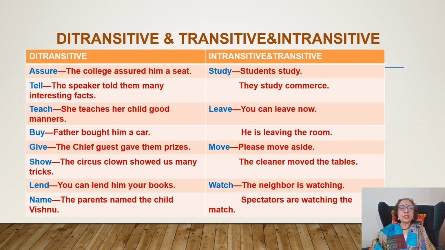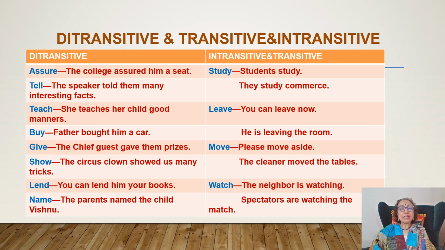As I told you in the earlier slide, here we have some examples of ditransitive verbs, verbs which can take two objects immediately. One of them is the direct object, but the other one, which comes in front, is an indirect one, and still it can be accepted without adding a preposition or any such thing.